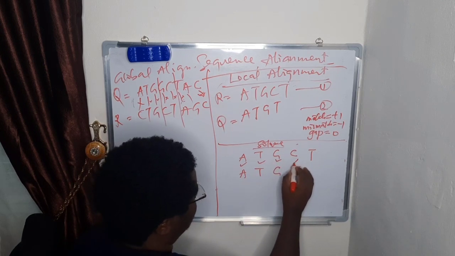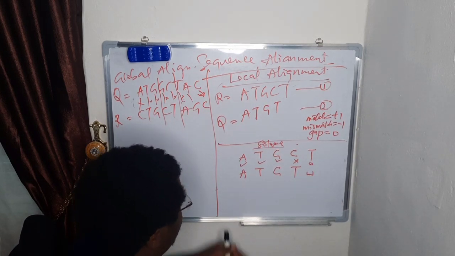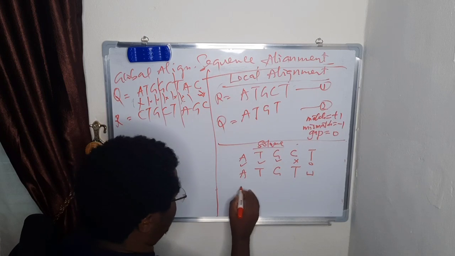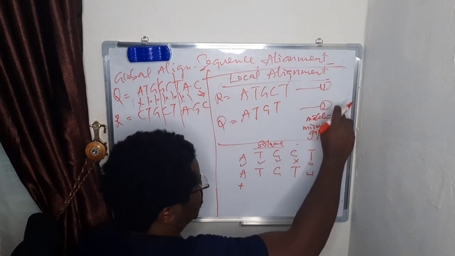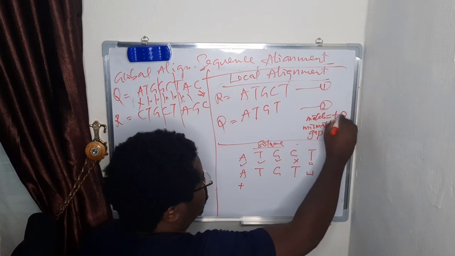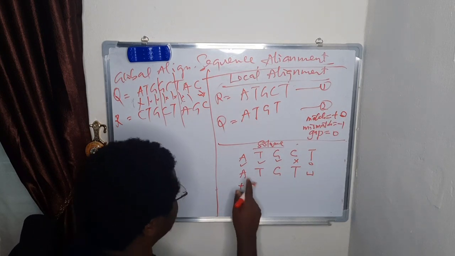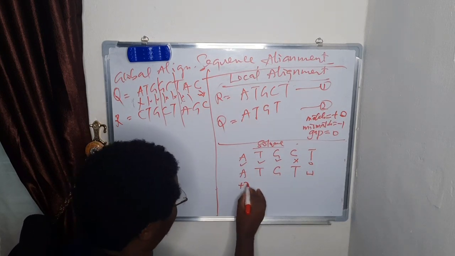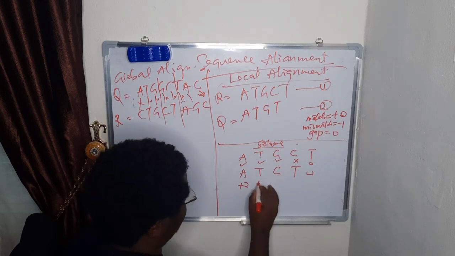There is a mismatch here. Then there is a gap, so 0. For match, you have +1, but because they will cancel, if you use 1 and -1 it will give you 0, so let's just use 2. So for match, we have +2. T plus T, you have 2.